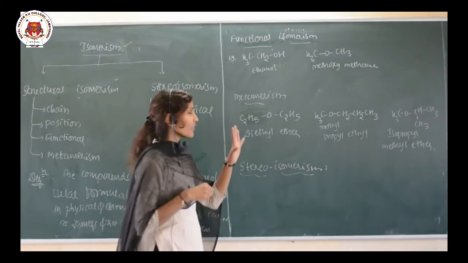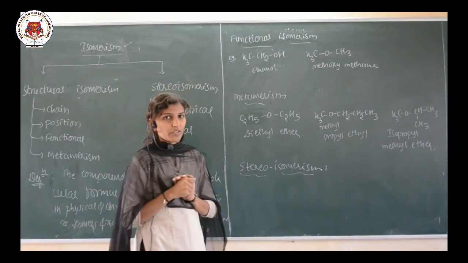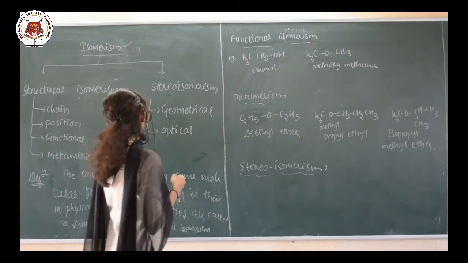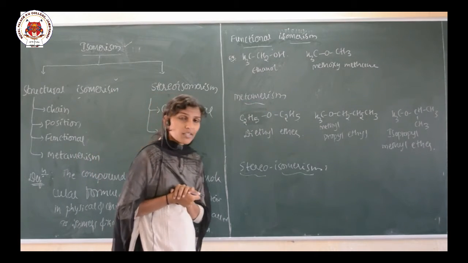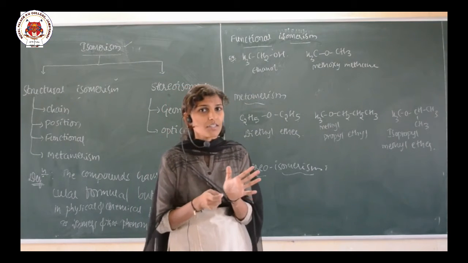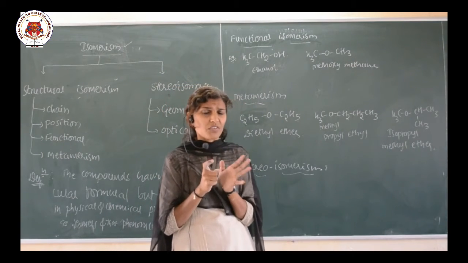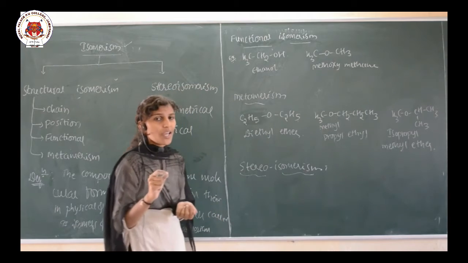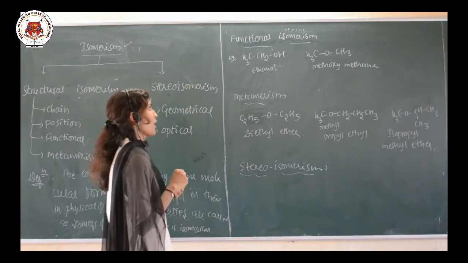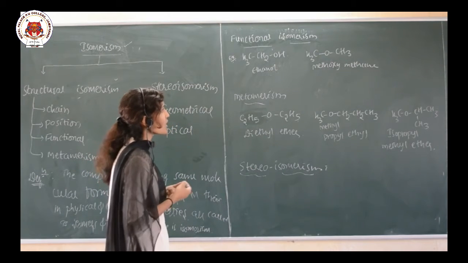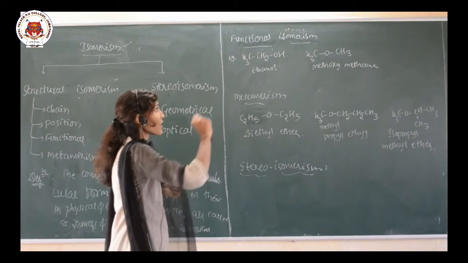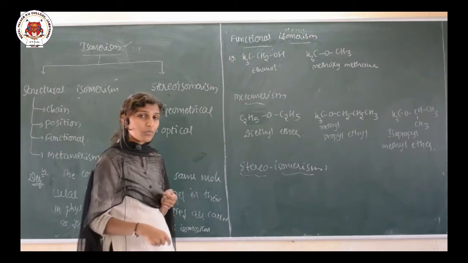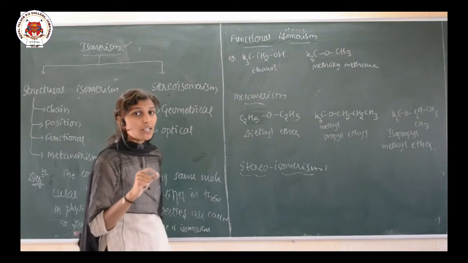So let's go for the functional isomerism. One more category in the structural isomerism. So what is functional isomerism? The name itself indicates that different functional groups are present. The compounds which have the same molecular formula but different functional groups are said to be functional isomers, and the phenomenon is said to be functional isomerism.